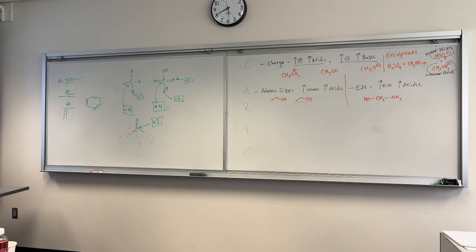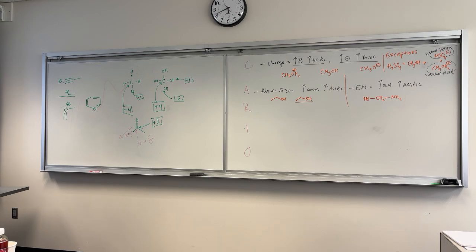Aminomethanol or hydroxyl methylamine. Carbon, nitrogen, and oxygen all available to donate their hydrogens. Which atom will donate its hydrogen the best? Oxygen. Why? Most electronegative. It's the most electronegative in that row.